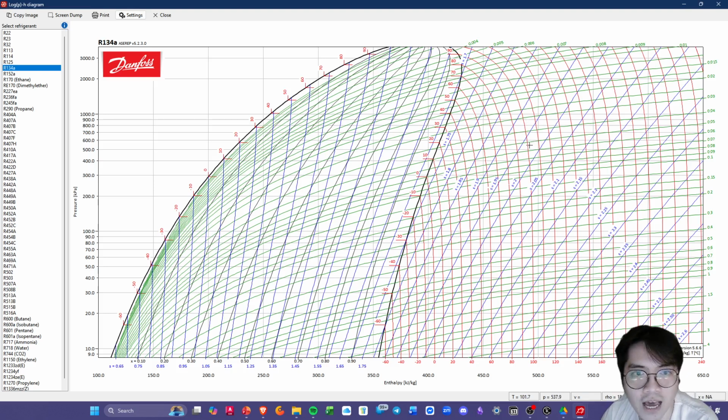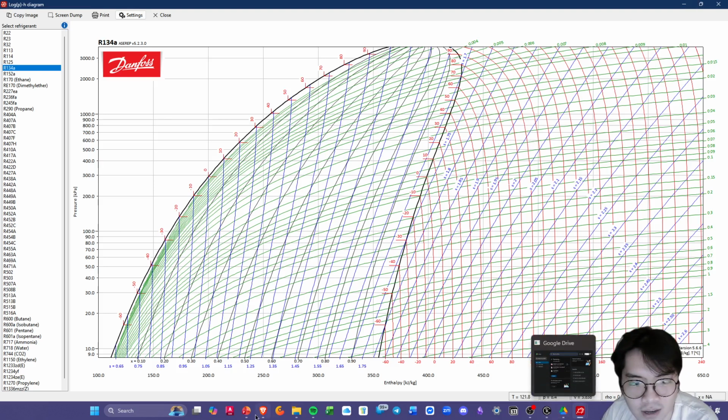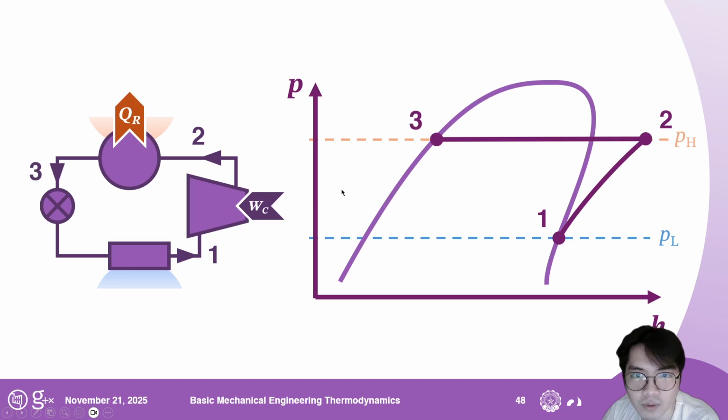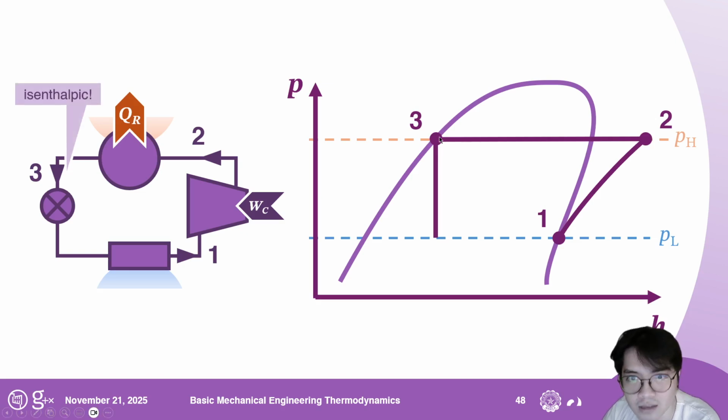So that's going to be how we read these PH diagrams. And I will return to my slides here. And now this is the condenser, right? The output of a condenser is always going to be a saturated liquid. And then on process 3 to 4, note that in this case, this is an isenthalpic process, which means your h coordinate or your x coordinate will remain the same.